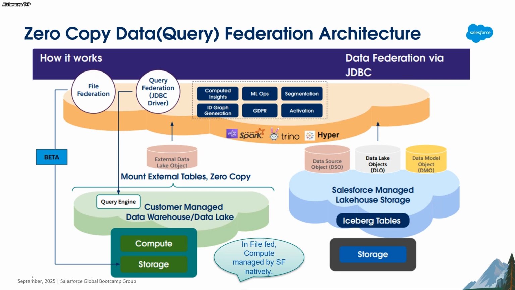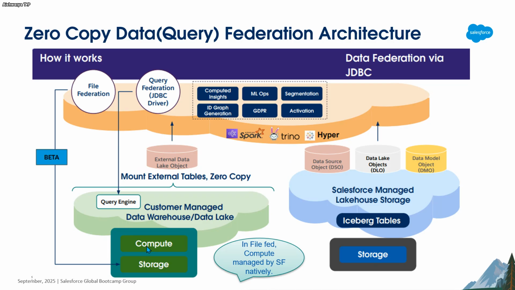One more reminder for me: in file federation, this image will remain as it is, but the compute process, whatever is happening in this green cloud, will happen in Data Cloud itself.